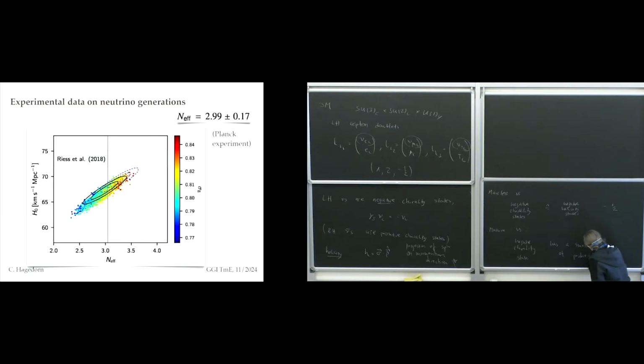Now you ask how small this is. You can do your computation and you find out that this is proportional to the mass divided by the energy of the particle. Yet we wouldn't be here if neutrinos were completely massless, so we are definitely in this situation.